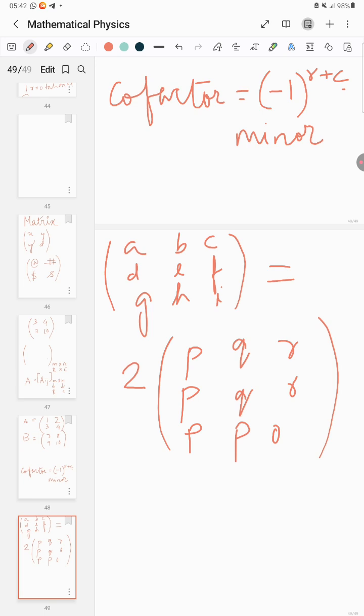Then the determinant of A, suppose this is matrix A, whose matrix form is this, then the determinant of A would be 0.